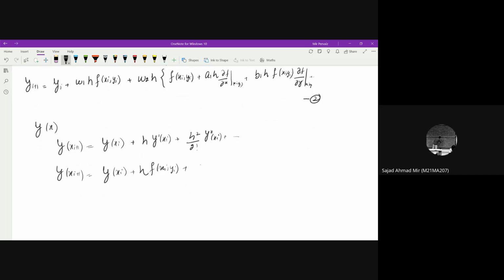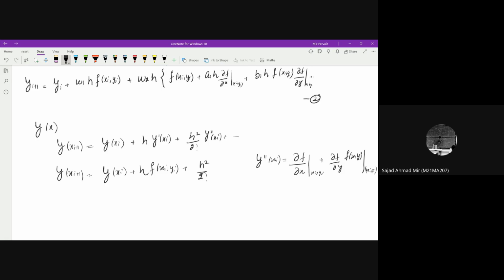plus h square by 2 factorial. What will be y double dash here? Y double dash of xi will be del f by del x at the point xi, yi plus del f by del y times f of x comma y at the point xi, yi.